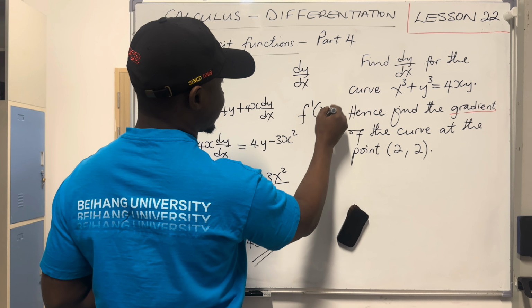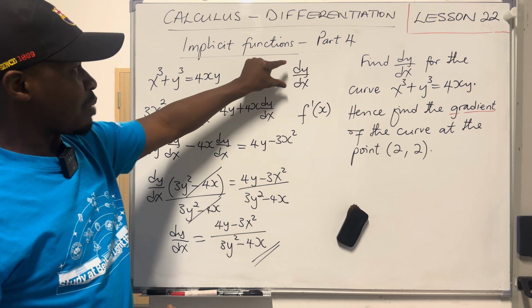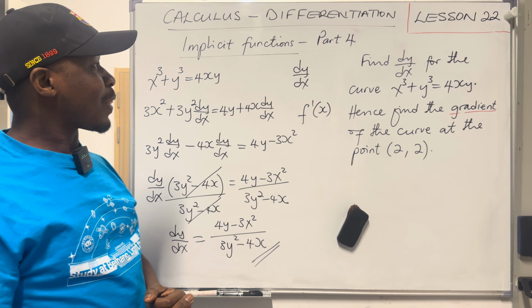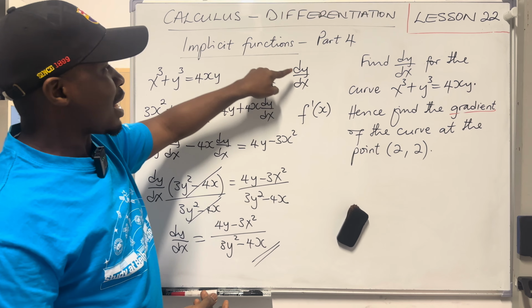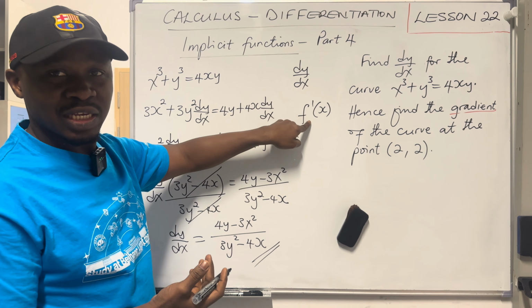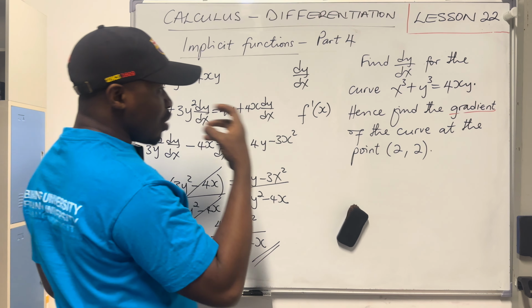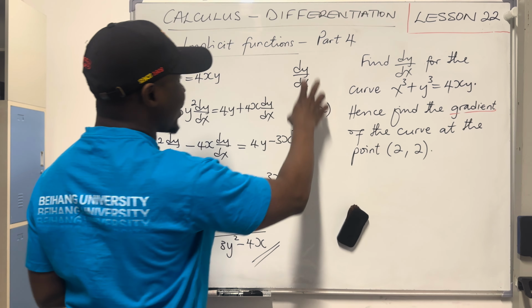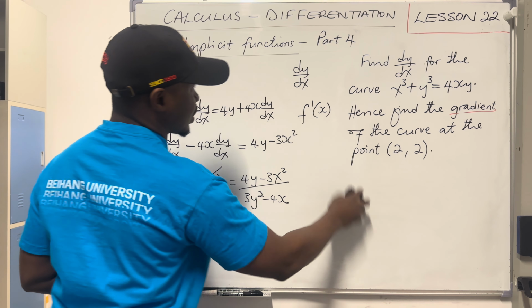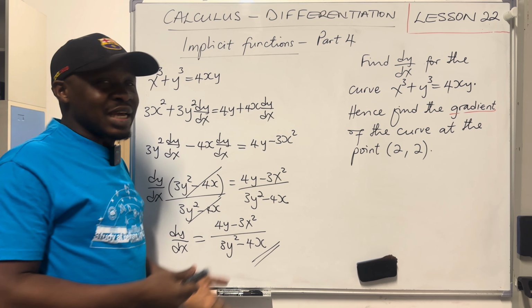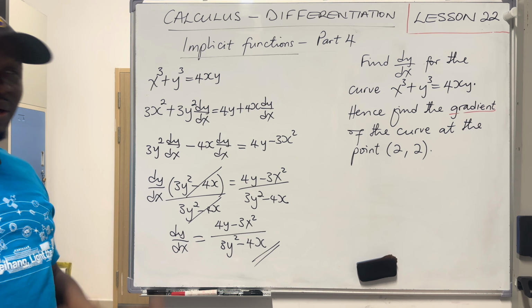This one again represents gradients. This is the Leibniz notation. This is the functional notation. So this is the same as this one. This is dy dx as well, this is f prime of x as well. So when we say gradient, we mean the first derivative. So if the question says find the gradient, it means find the first derivative.